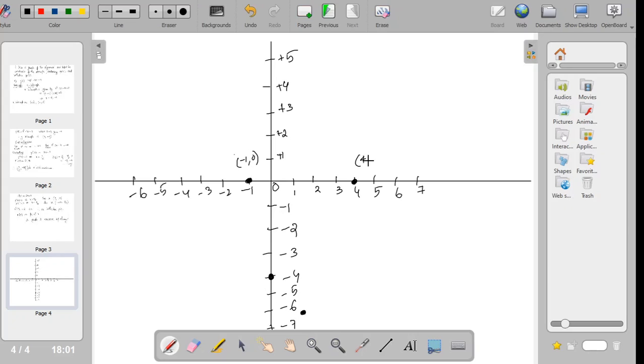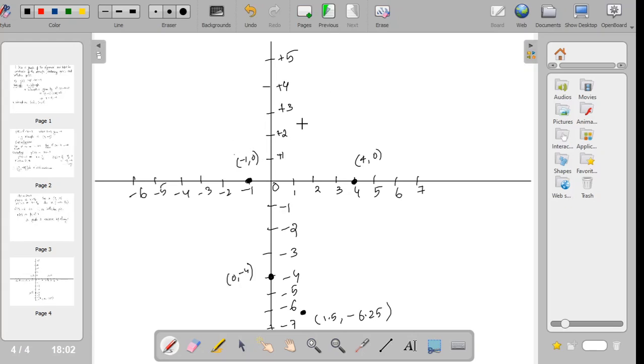So this is 4, 0. And this is 0, minus 4, and this point is 1.5 and minus 6.25. Okay, now connect the points here.